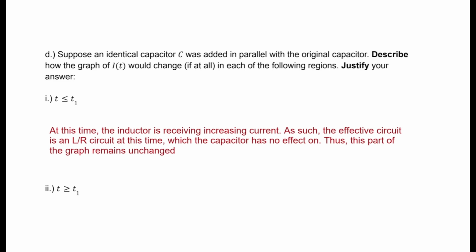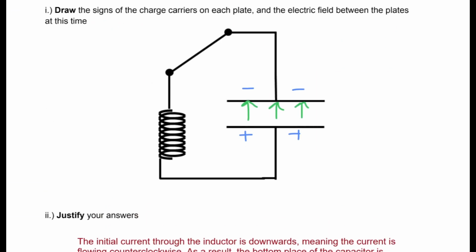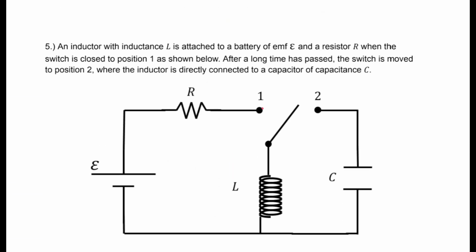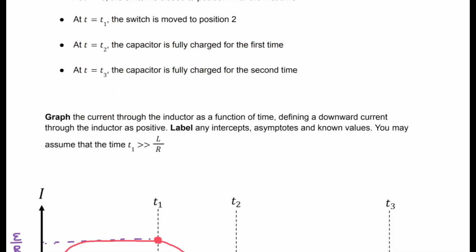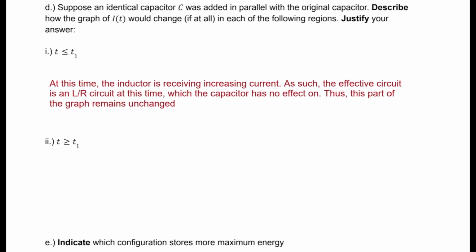The effective circuit is really just an L over R circuit. At these short times, before we flip the switch, it's just this circuit right here, and that capacitor is completely irrelevant. So I don't care if there's another one added in parallel. But then what would happen to the graph at times bigger than T1?